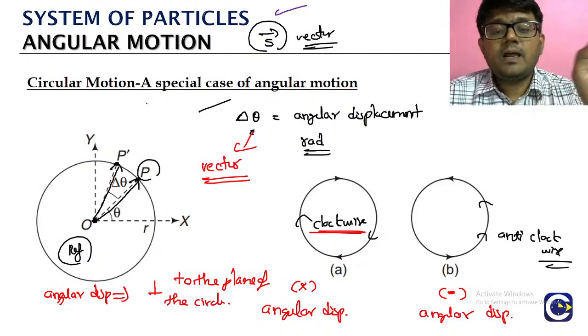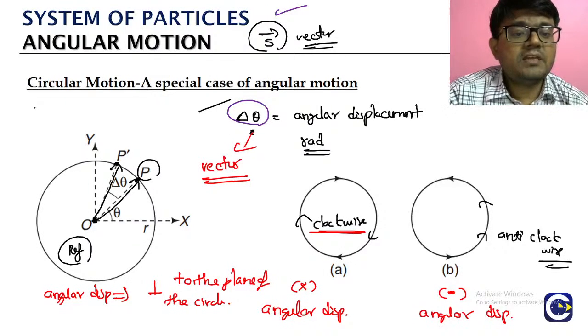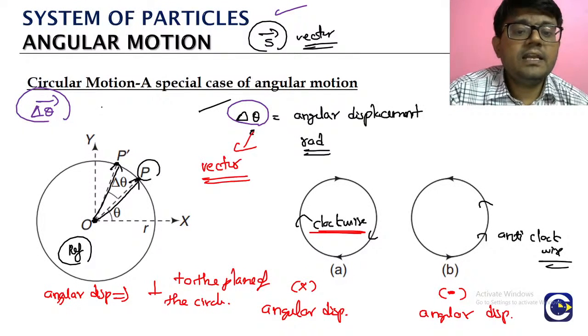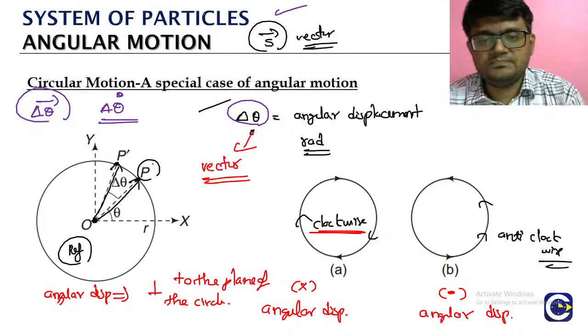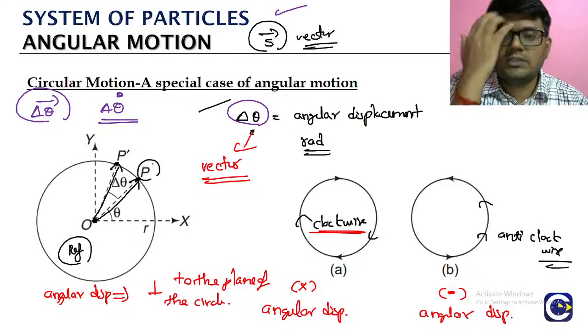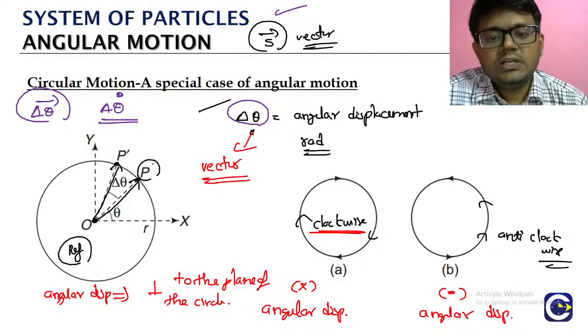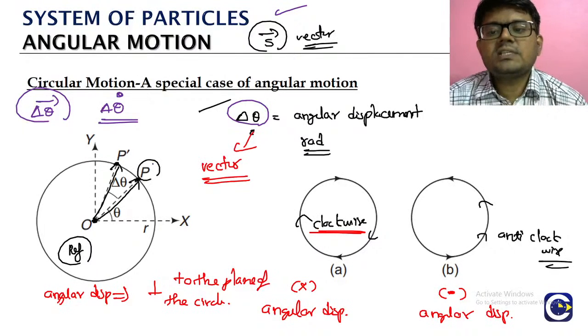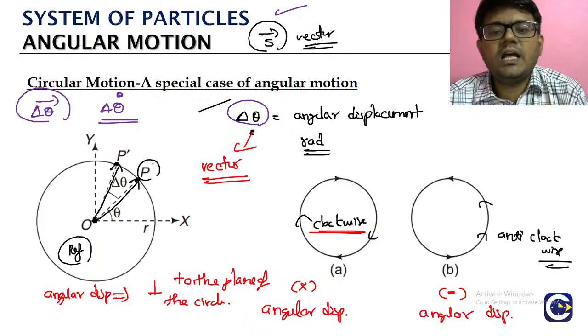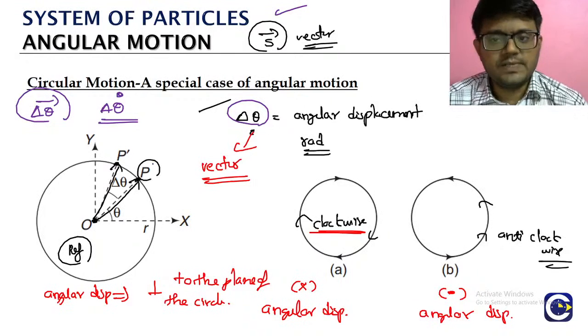For angular motion or circular motion, these vectors we either put a bar, or we can put a dot. That is another notation, and the symbol with a dot represents the angular displacement. So this is how we see the vector representation of the angular displacement.